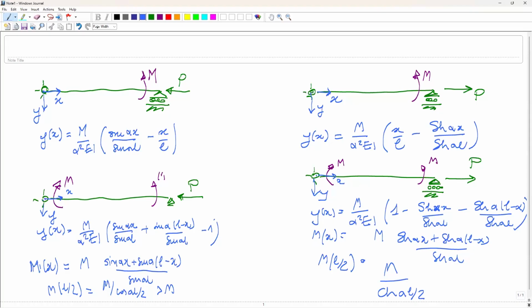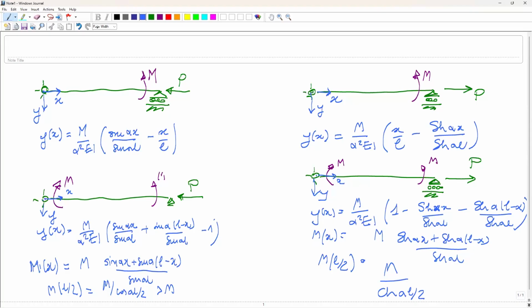The cosinus is always lower than or equal to 1. So this means that M divided by something lower or equal to 1 is always higher than M. So the effect of the compressive axial force is that of amplifying the flexural effects.